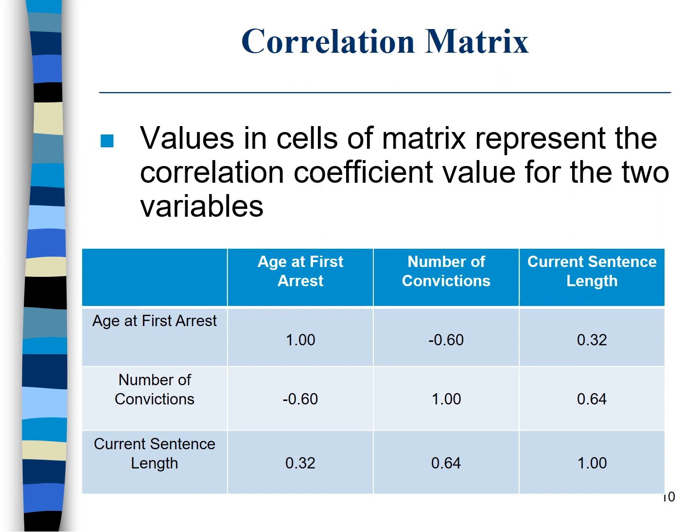In a correlation matrix, the values in the cells of the matrix represent the correlation coefficient value for the 2 variables that it matches up with. Looking at our small correlation matrix here, you'll notice that across the very top, we have 3 variables: age at first arrest, number of convictions, and current sentence length.